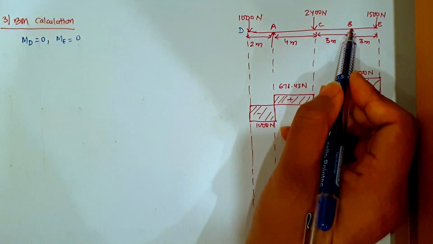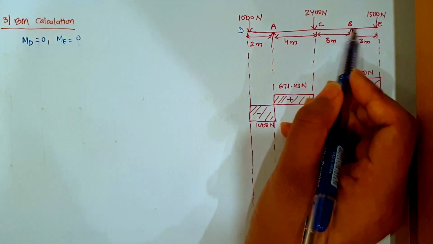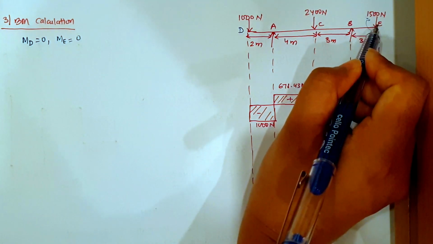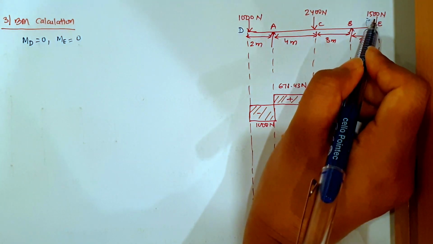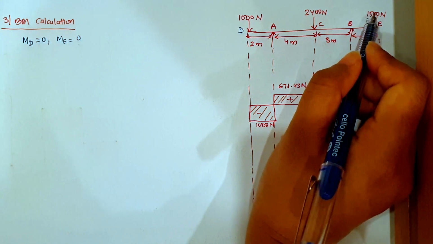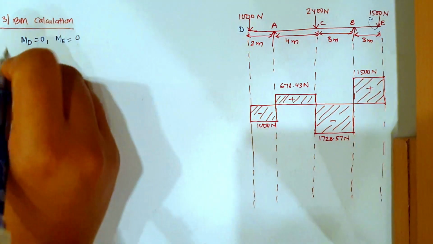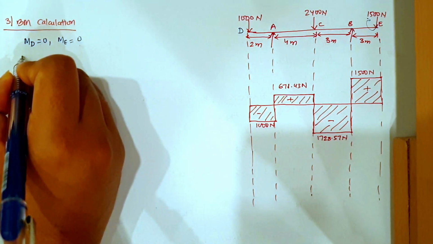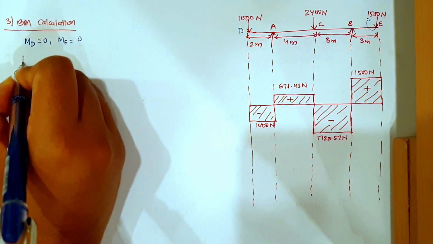Now moment at B. B and E will be acting as a cantilever, so I'll go from E to B in this direction, so this force will go in a clockwise direction, and in a cantilever beam clockwise is a negative sign, right, negative moment.